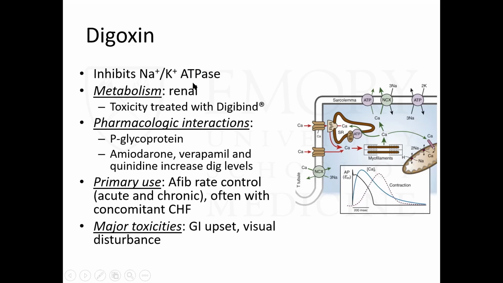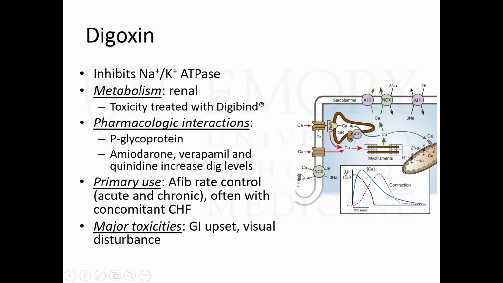Digoxin blocks the sodium potassium ATPase. And if you remember, the sodium potassium ATPase pumps sodium out of the cell and potassium into the cell. If you block it, you get a buildup of sodium inside the cell. And then the sodium calcium exchanger starts to work in the opposite direction to try to pump some of that excess sodium out of the cell.